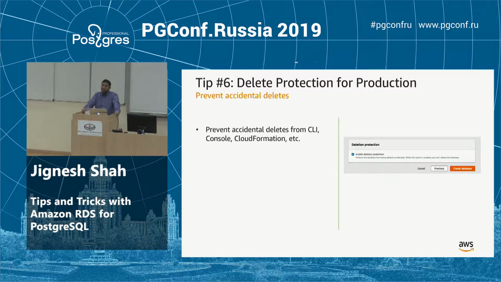So if anybody is running an automated CLI script and tries to delete the instance, they will get a failure, even if they have permissions. If you really want to delete, you can go into the console, uncheck the delete protection, and then you will be able to delete it.